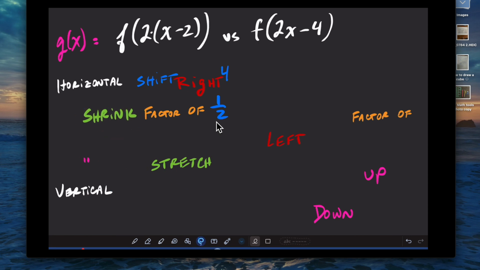So part 1 is a horizontal shift to the right 4 units, and part 2 is going to be a horizontal shrink by a factor of 1/2. Whenever it's factored, whenever the GCF is pulled out, you do this first, that second. When there's no GCF, you do the shifting first, and then the shrink or compression second.